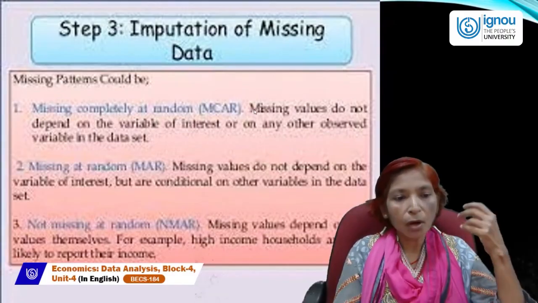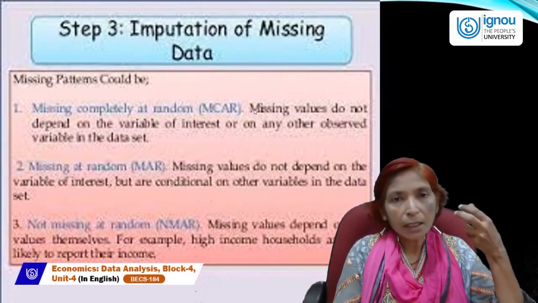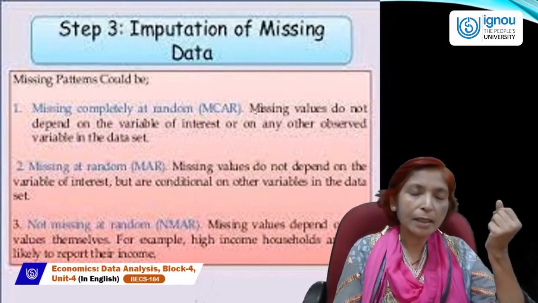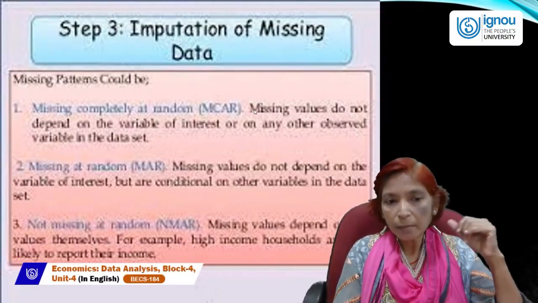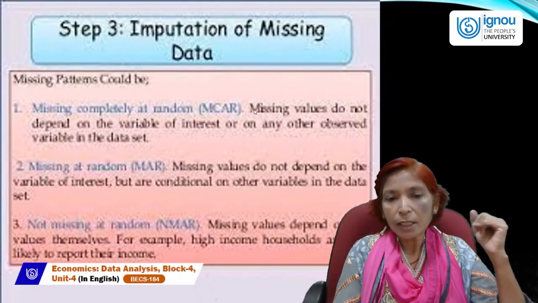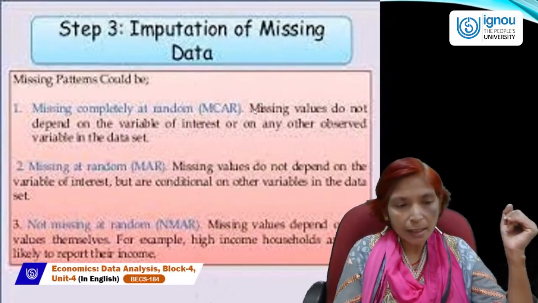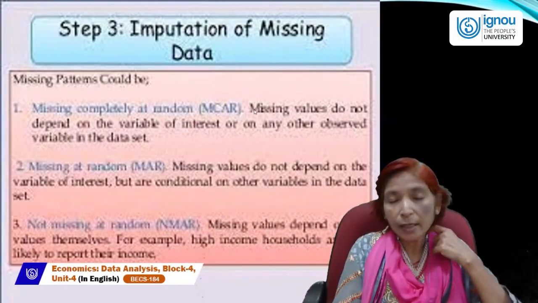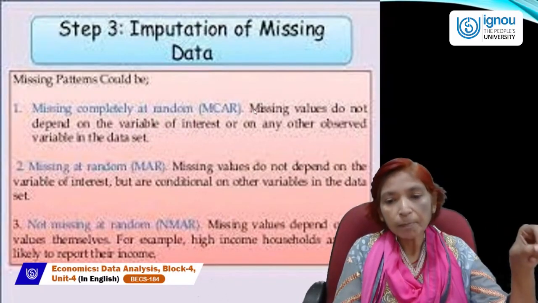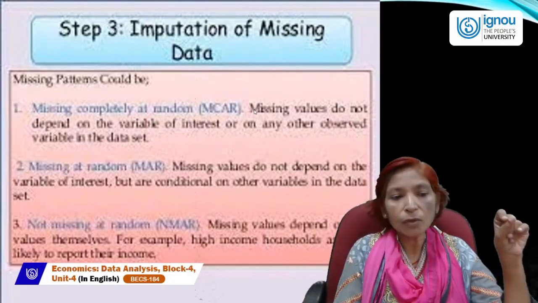And sometimes not missing at random. Values may be missing randomly or values may be missing non-randomly. If values are missing randomly, then it will be conditional on other variables that we can use for our data analysis. And if the values are not missing randomly, then the missing value depends on the values themselves.